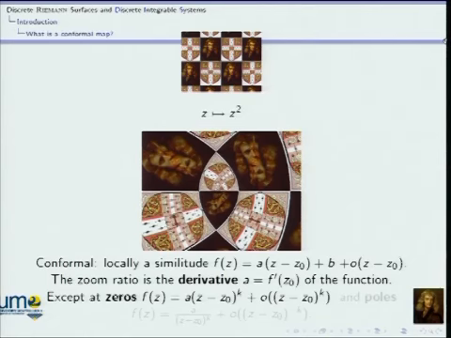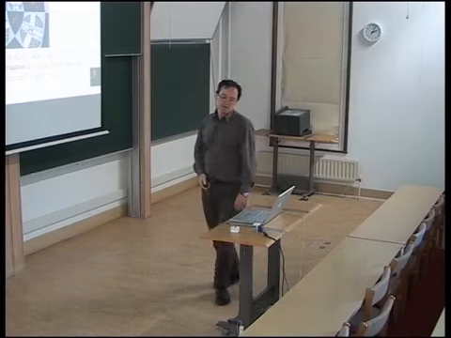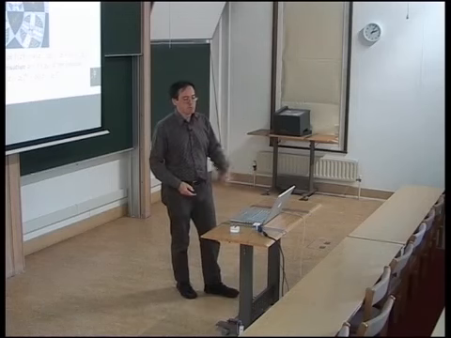What you see as well here is that this function is obviously not injective; it's 2 to 1. Every point here is sent to the same point as its opposite, so you have 2 points sitting at the same place, and they are sent to the same point.